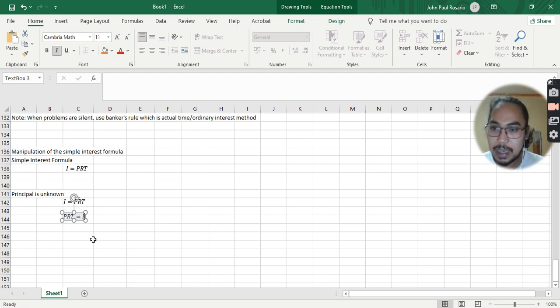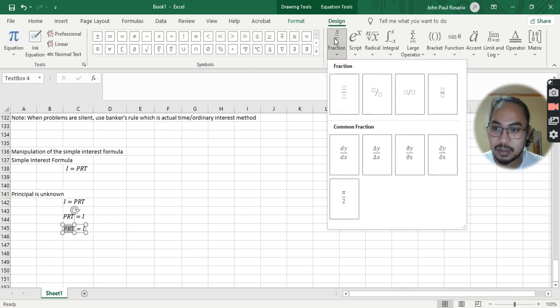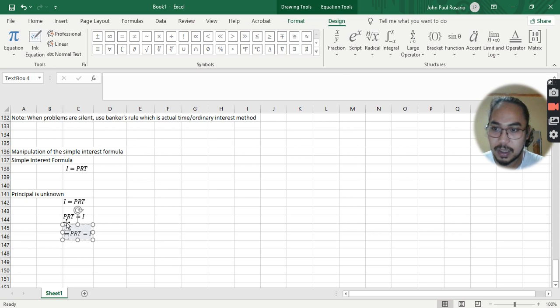So, PRT equals I. Again, we divide this by RT, as a fraction. So it becomes PRT over RT, and the other side will be I over RT.